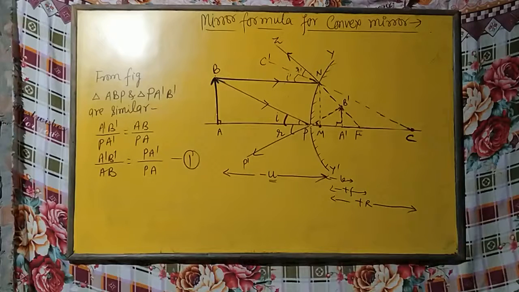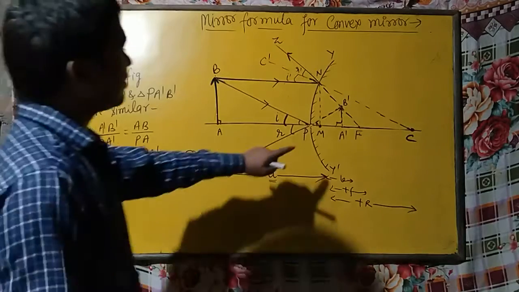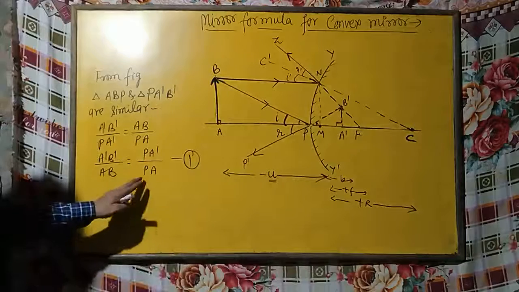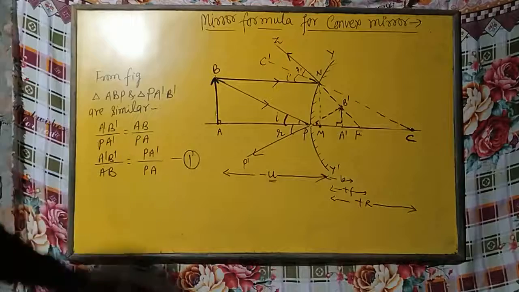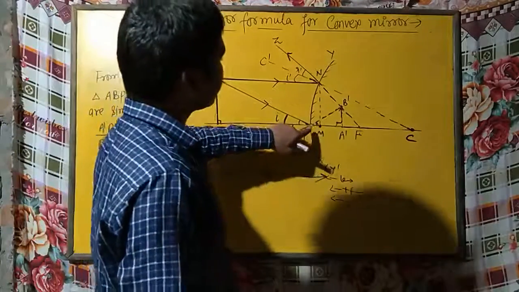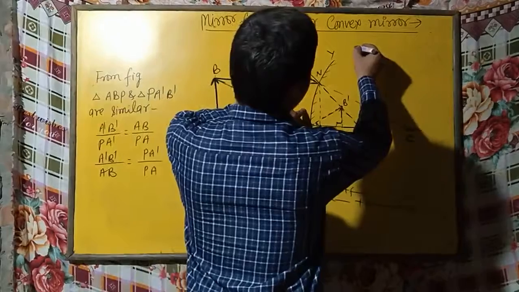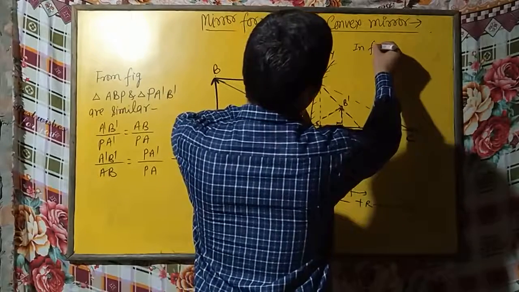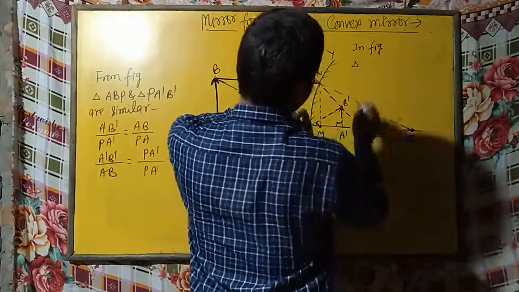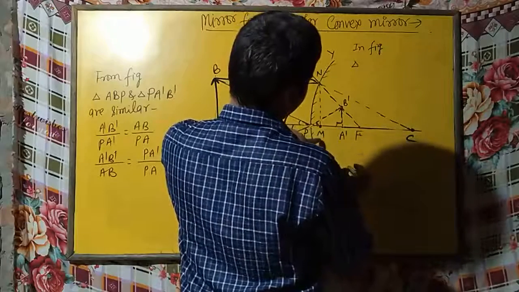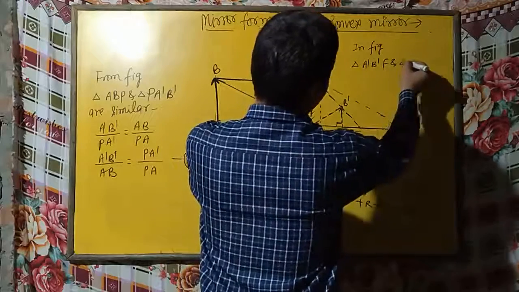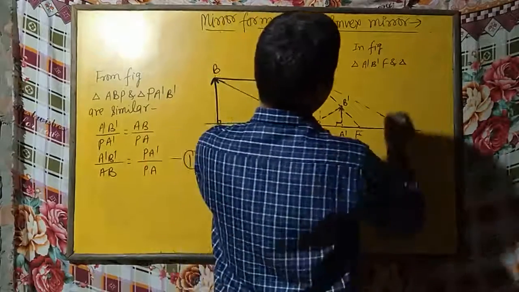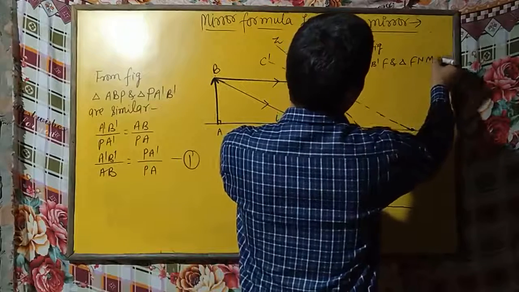Now we are ready to proceed to find out our required result. So you can see in this diagram, you should pause your video and note down the equation number 1. Okay. Now in this diagram we are going to use the similar triangles in figure. The triangle A'B'F and triangle FNM are similar.